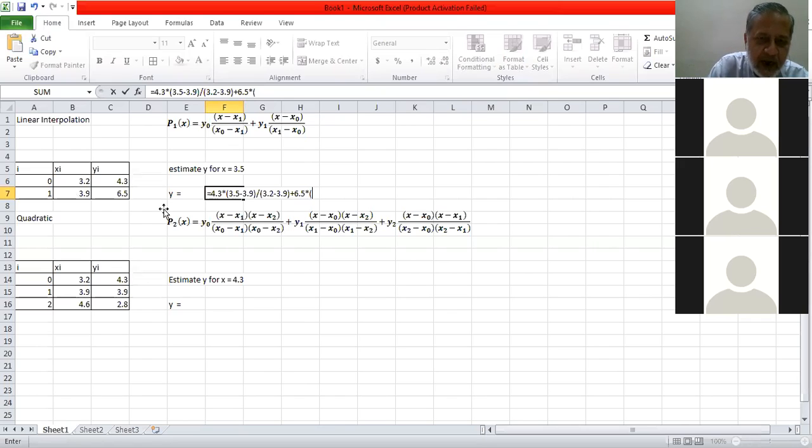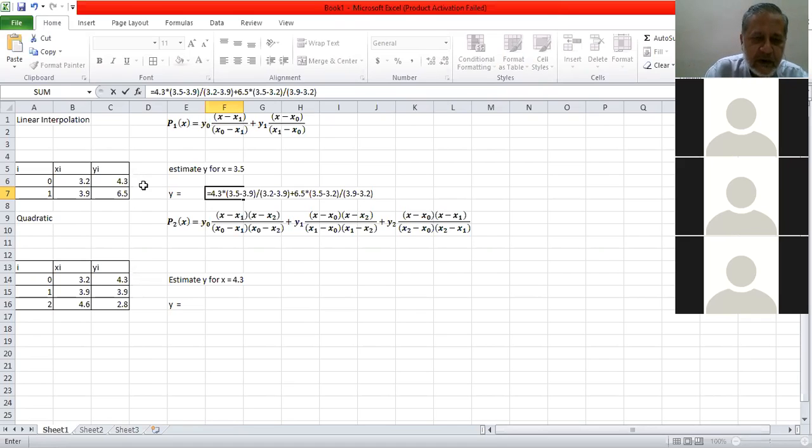And I need to multiply it with this structure, x minus x naught. So x is 3.5 minus x naught, which is 3.2, divided by x1 minus x naught. So what is x1? X1 is 3.9 minus x naught, which is 3.2.